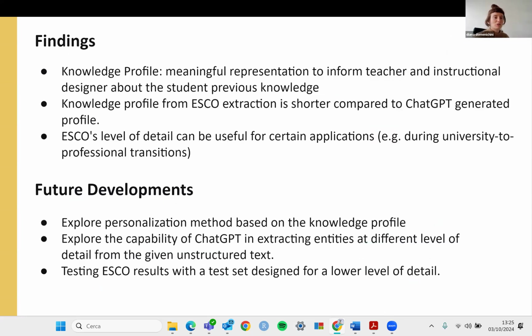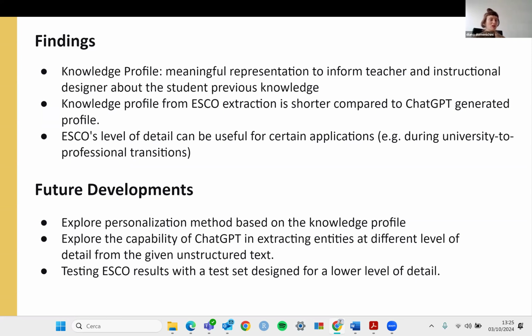To conclude, this knowledge profile can be a meaningful source to inform teachers and instructional designers about students' previous knowledge. We explored two methods for extracting knowledge from data that have two different levels of detail, but they can both be helpful for personalization.